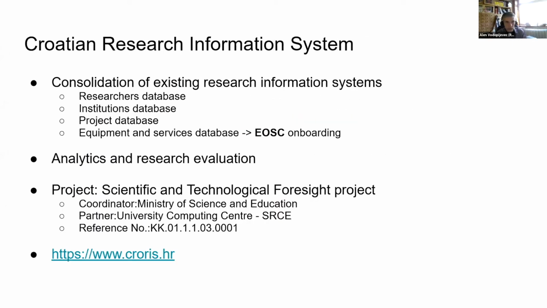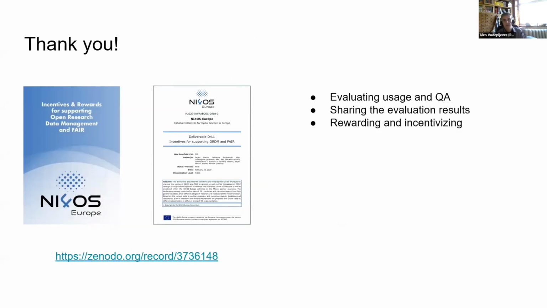Okay. So, yeah, well, I can conclude. So regarding the EOSC and the guidelines, I think what we can later discuss and maybe think about is the evaluation and assessment of the usage of services and some kind of quality assurance.